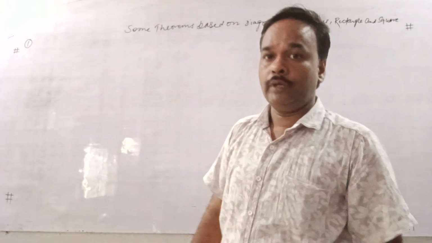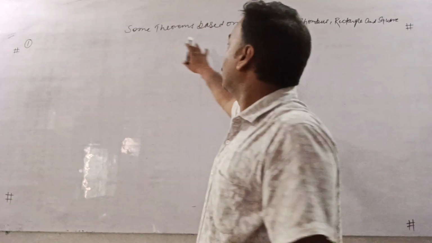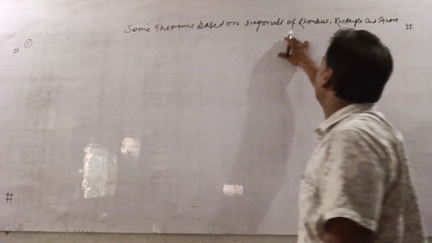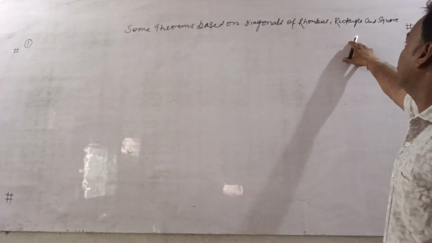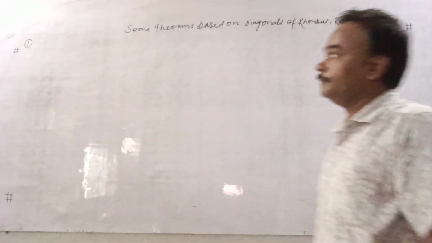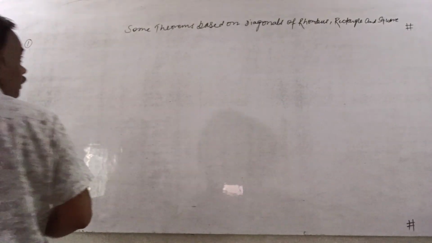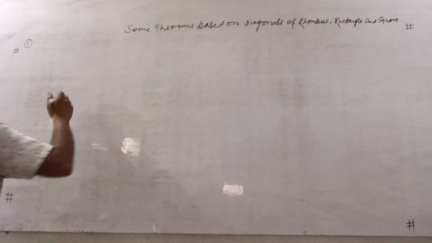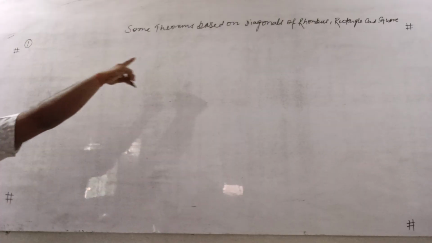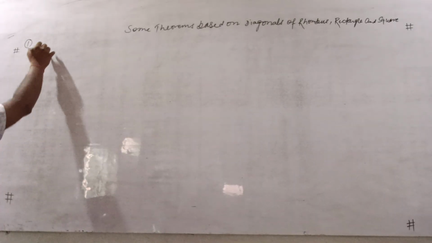In today's class we will see some theorems based on diagonals of rhombus, rectangle and square. First of all, see the theorem based on rhombus.